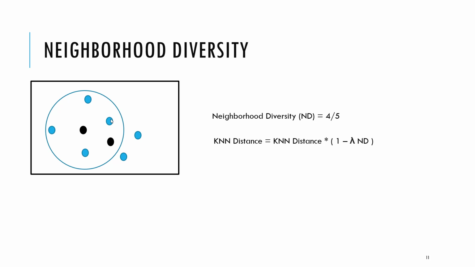And what you would do is you take the k nearest neighbor distance, which is the distance to the 5th nearest neighbor, and scale it down by using this neighborhood diversity. So if your k nearest neighbor distance is 10, you take 10 times (1 minus lambda) times 0.8. So it will be much less than 10 when you do the scaling. So that is the way we factor in the neighborhood diversity into the k nearest neighbor distance scoring process.